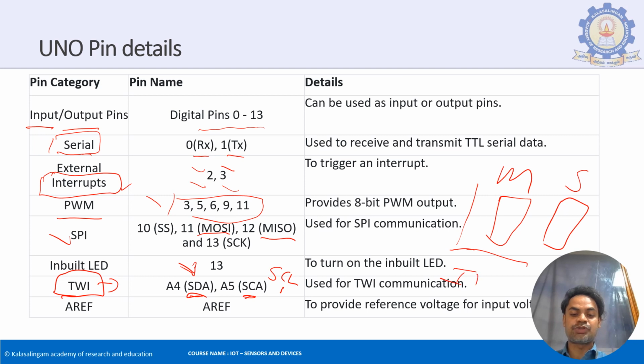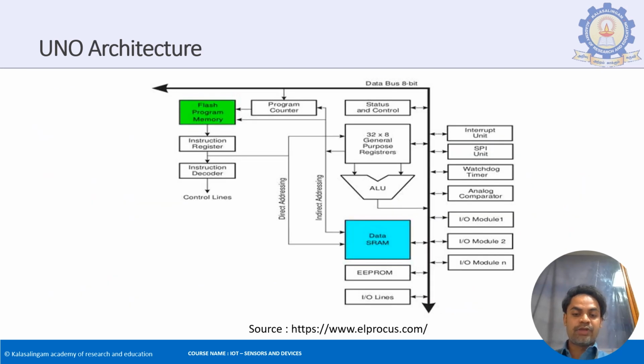We call it the I2C protocol, which we'll be using in most sensors. The next one is the reference voltage to your input voltage, which is given over here. And to give you an outline, in your architecture, we saw that it has a flash memory, and a SRAM and an EEPROM. So all these memories are available over here. Three memories. This is for storing the instructions.